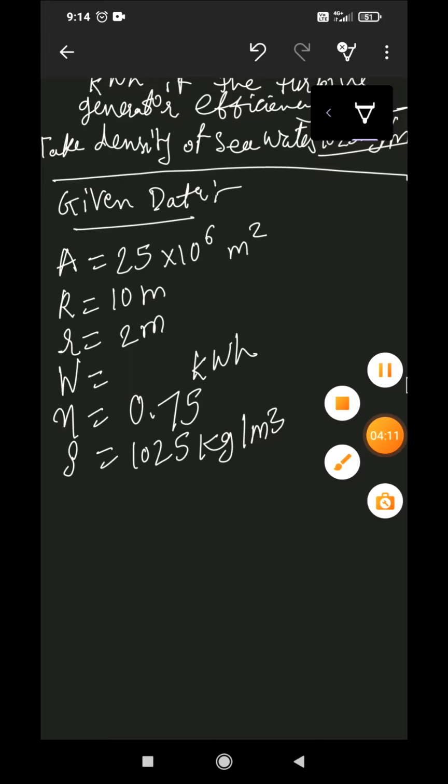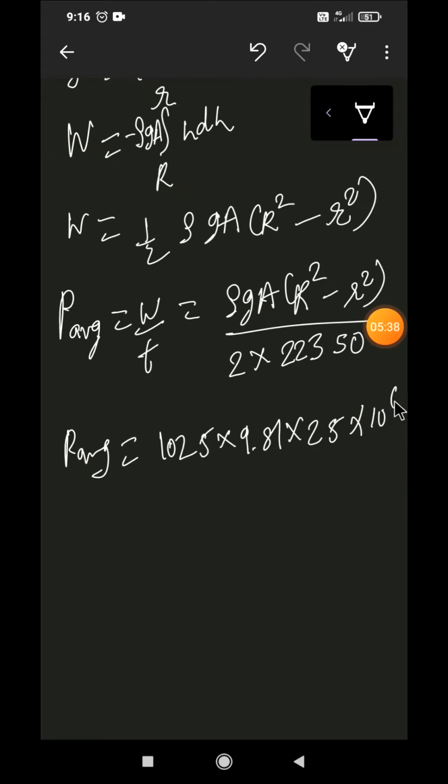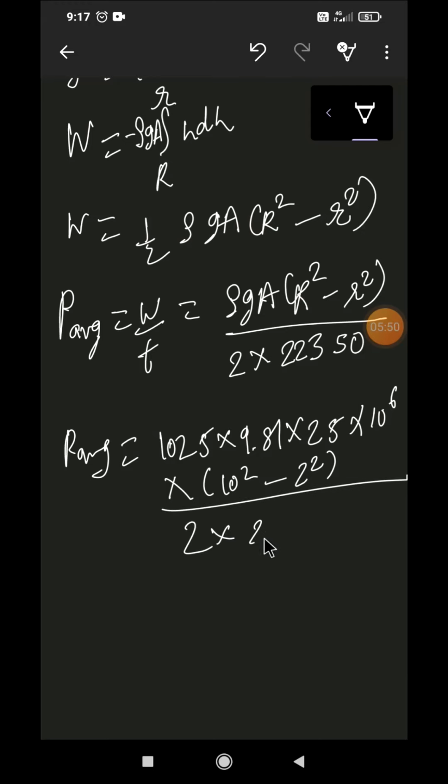So average power will be 1025 into 9.81 into 25 into 10 raised to 6 into (10 square minus 2 square) divided by 2 into 22350.